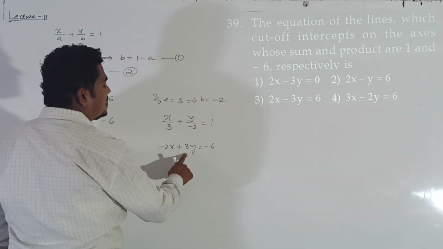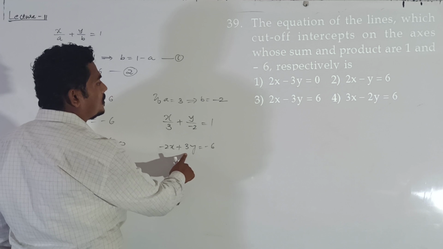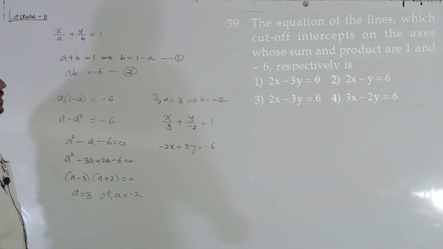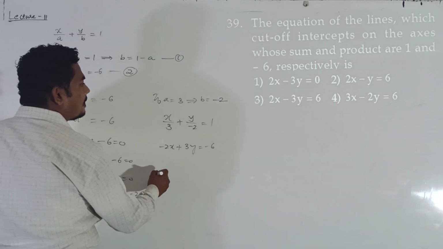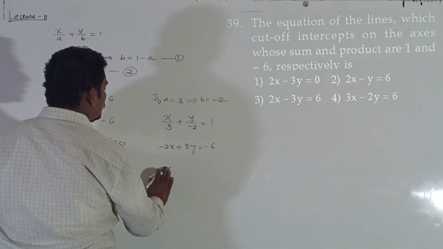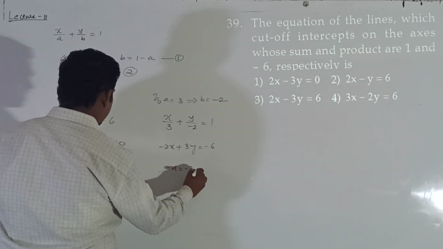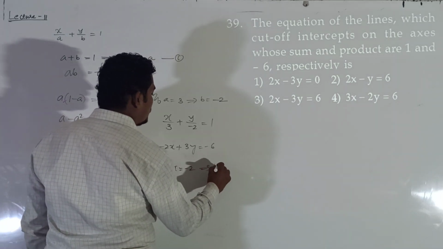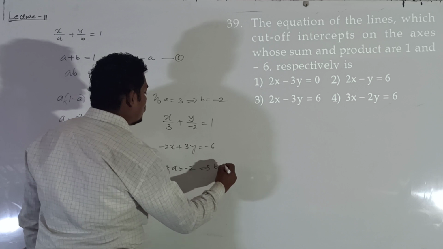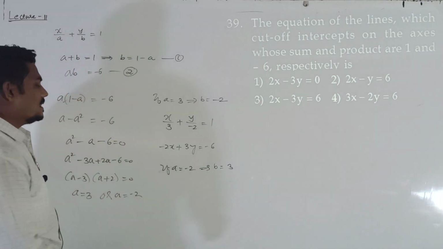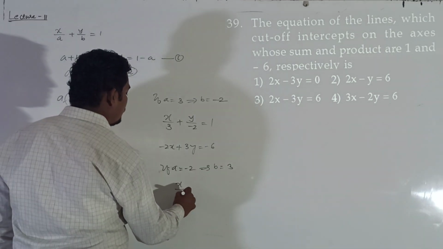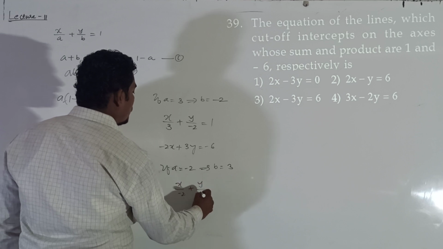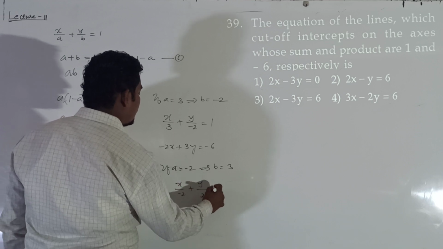Minus 2x plus 3y is equal to minus 6, this is not given in the options. Then case 2, a equal to minus 2. Then what is the b value? Implies b is equal to 3. Then what is the equation? x divided by minus 2 plus y divided by 3 is equal to 1.